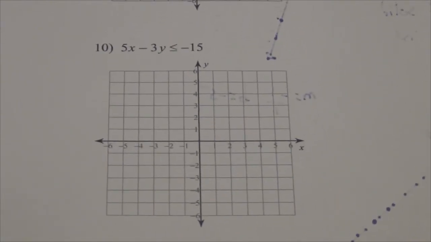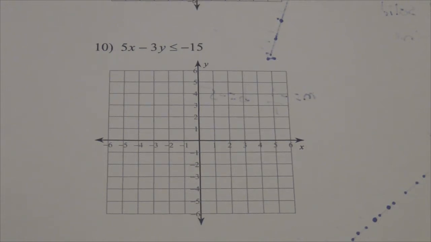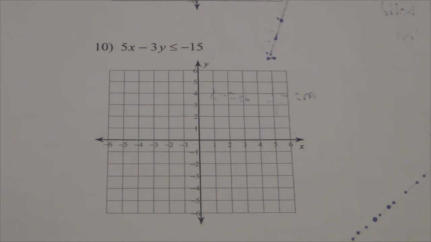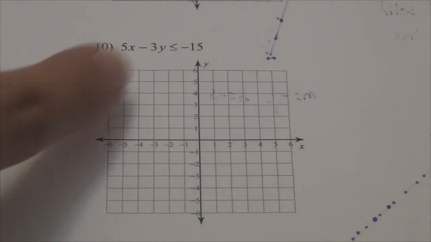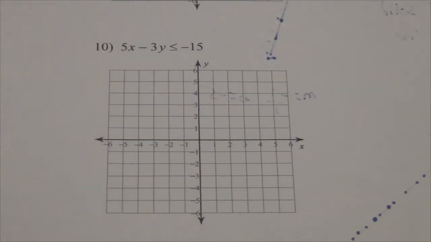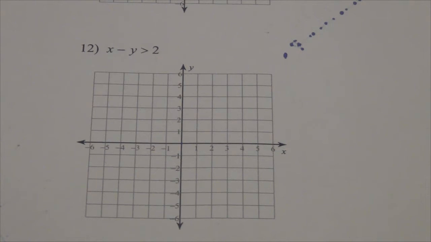And then I want you to try this one. Remember, you're solving for y. So you might want to subtract 5x and divide by -3, right? And remember, when you divide by -3, what's going on? Now try this one for size.